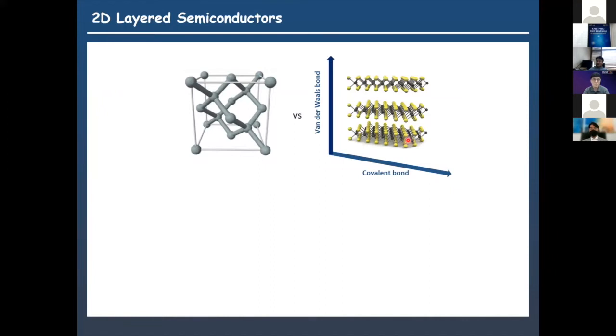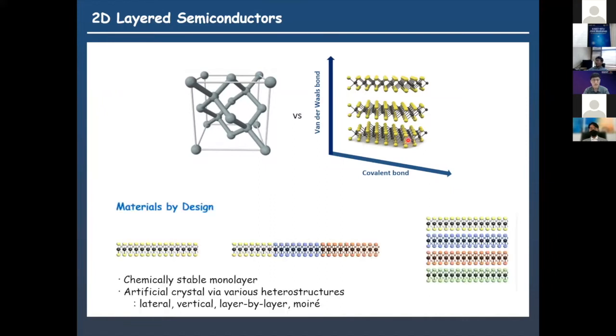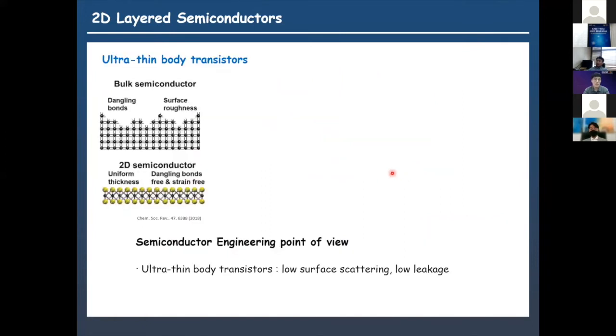Because of such structural anisotropy, we can design materials that cannot exist in nature. For example, extremely thin materials, so-called monolayer materials, lateral heterostructures and vertical heterostructures can be formed based on this material system.